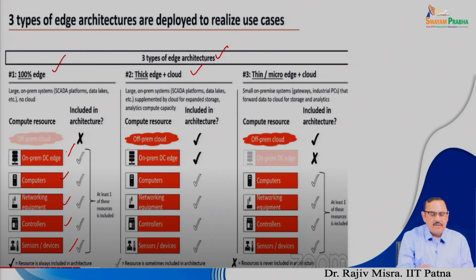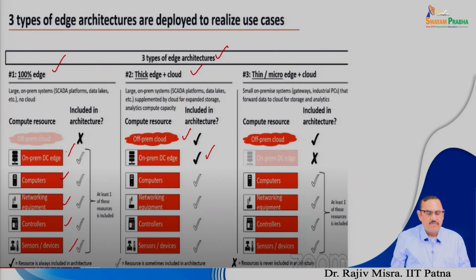Now, if you are using thick edge plus cloud, here you can see that you have an off prem cloud as well as this kind of edge computing. Large scale on prem SCADA data lakes are supplemented by the cloud for extended storage and analytics capabilities, called thick edge plus cloud.